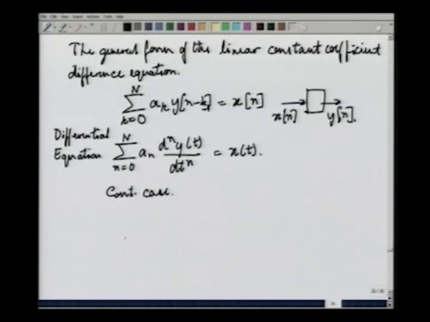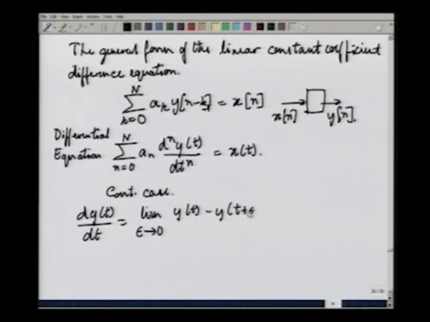In the continuous time case, a derivative is d y t by d t, and it is given by the limit as epsilon goes to 0 of y t minus y t plus epsilon, or if you like t minus epsilon, whichever, divided by epsilon.